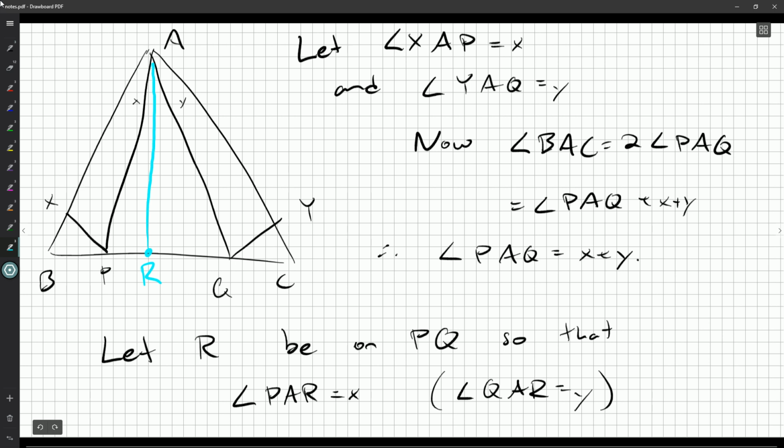So that's what we've just done, and so this is x, this is y. Okay. Now, this angle is the same as this angle. This angle is the same as this angle. Therefore, these angles are the same. And we've got a side in common, AP.